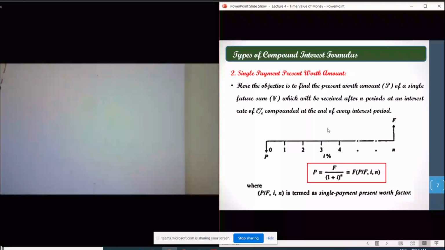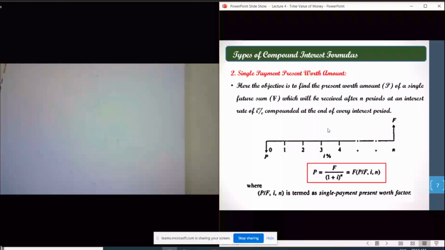In the case of nomenclature, if you want to write the entire thing from the point of the factor, it can be F into (P/F, i, n). Here, (P/F, i, n) is called the single payment present worth factor. When we say present worth, it means the value at time 0.